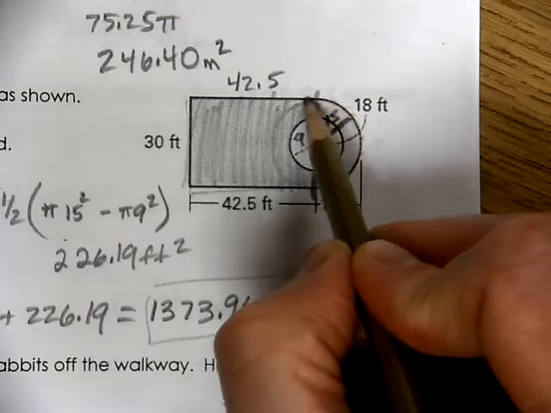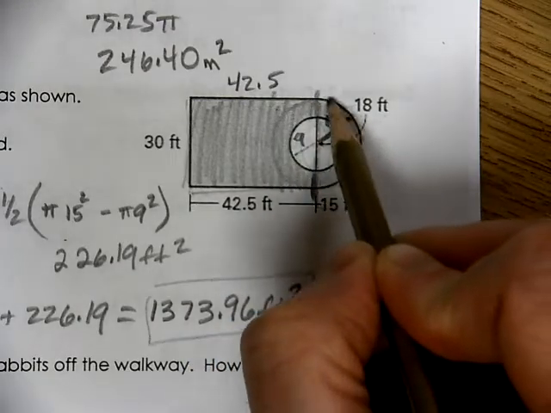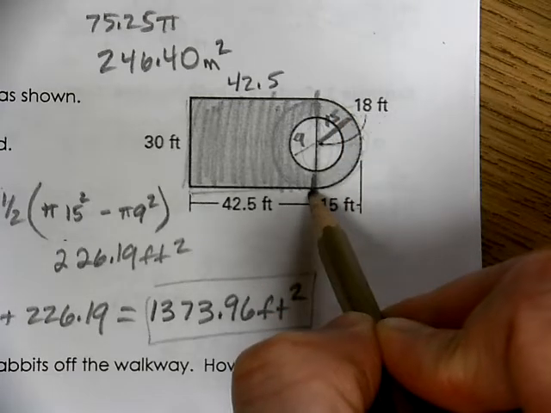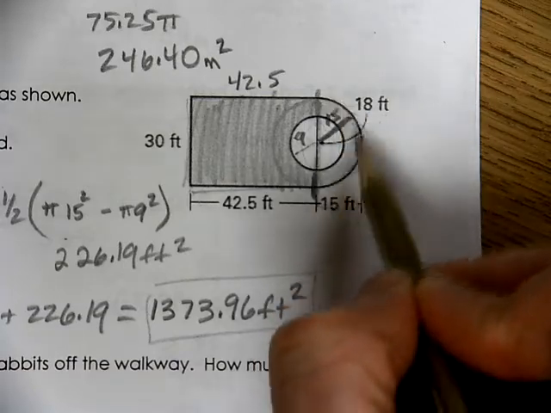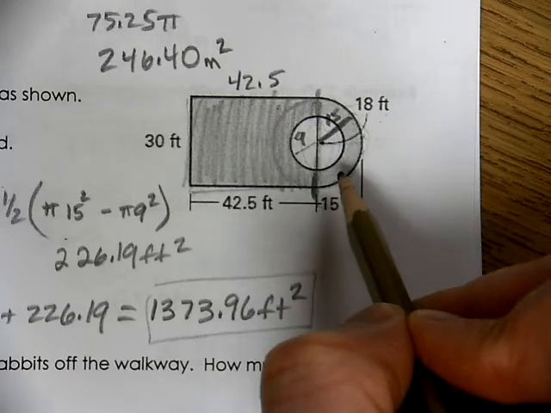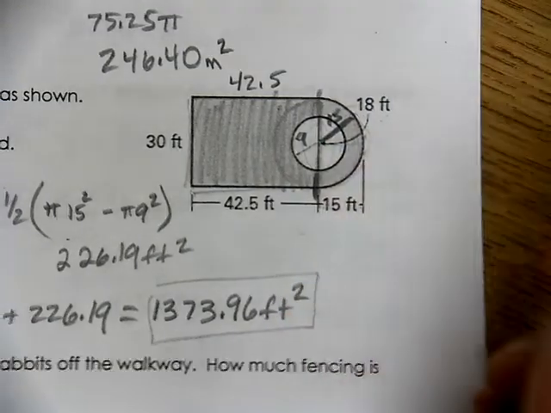So let's figure out what our circumference is, and we want to take half of our circumference. We could get fancy and use the arc formula, but since we know that the angle is exactly half, we can just take half of it.